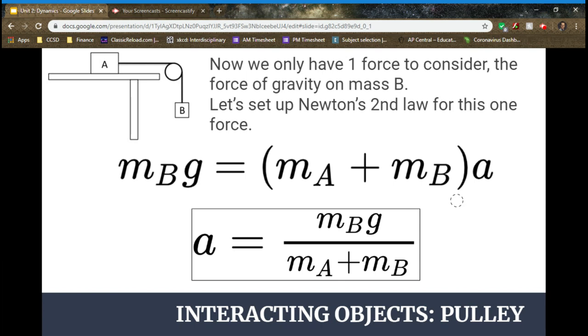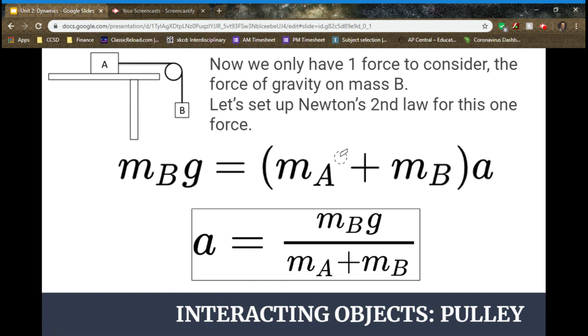In that one, you would only have one force going down, and it would be the force of gravity acting on mass B. So when I set up Newton's second law, it ends up looking like this. Keep in mind, this is my net force right here. Since there's only one force, this is all it is. Instead of having it equal to MA, my new object is the combined mass.